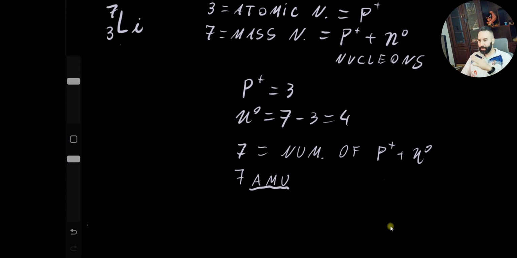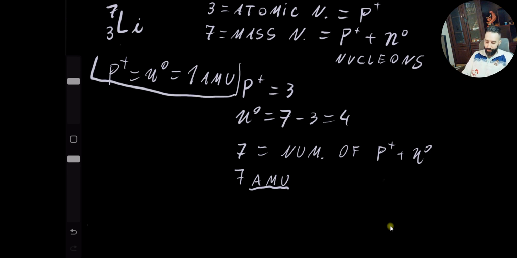Why is it like this? One proton or one neutron, since they have equal mass, weighs 1 atomic mass unit. Why? Because protons and neutrons and even atoms are too light for their weight to be expressed in grams. So their weight is expressed in atomic mass units.